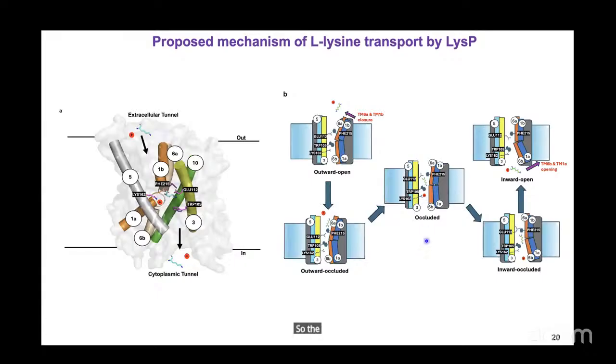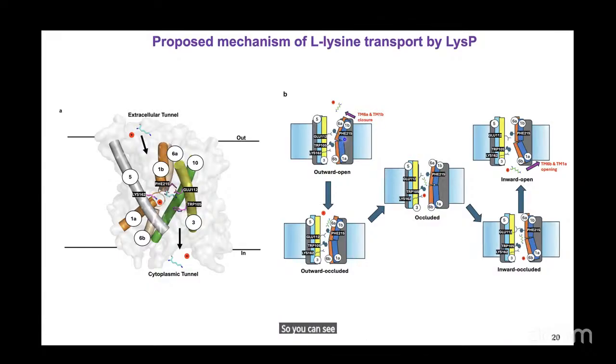So the proposed mechanism: LysP specifically shuttles L-lysine from the outside to the cytoplasmic side of the cell, into the cytoplasm. So it utilizes mainly these two helices, 1 and 6. Helix 1 and 6 are some sort of broken helix.